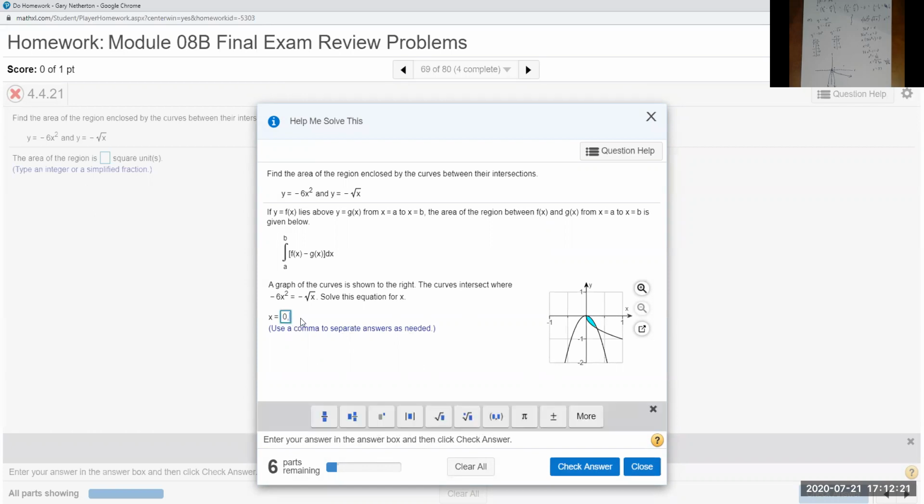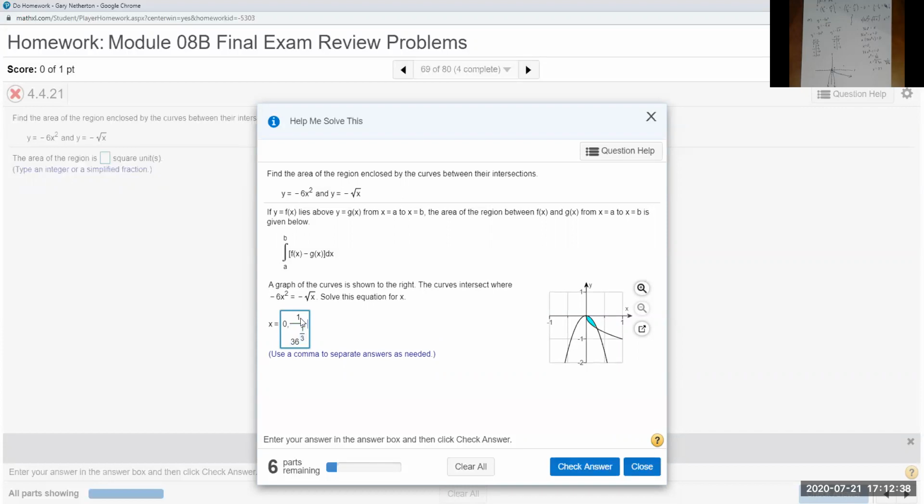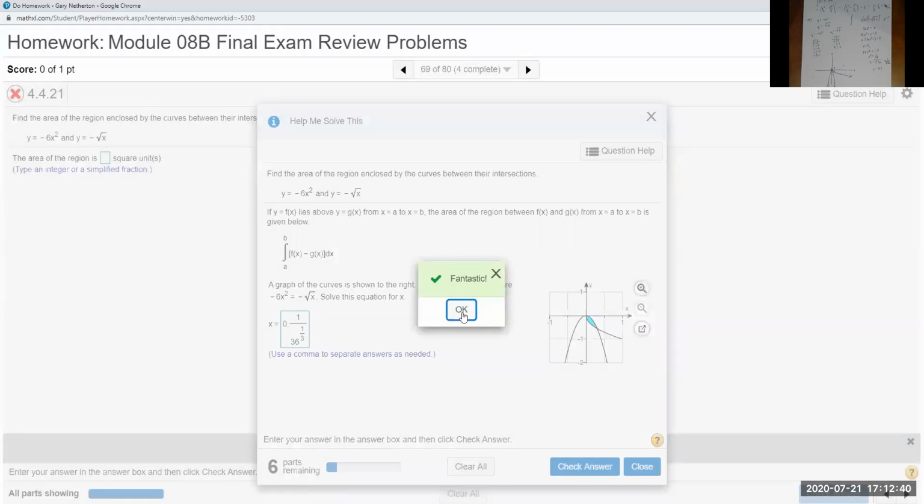Let me put in, see if it likes this. 1 divided by 36. Wow, that is so ugly. That is correct.